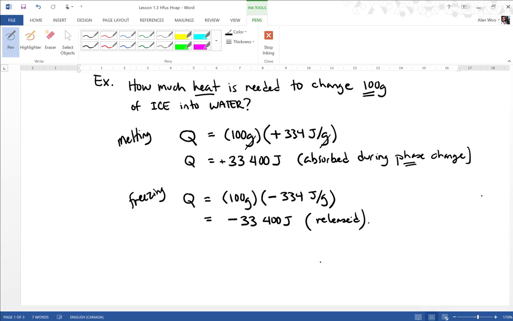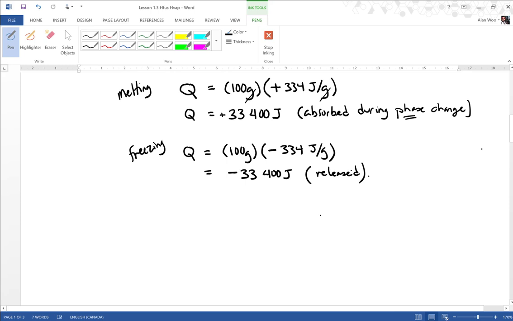Now, there's one last interesting point here. During all this phase changing, like I mentioned before, the temperature doesn't change. During phase changes, the temperature of the substance does not change.